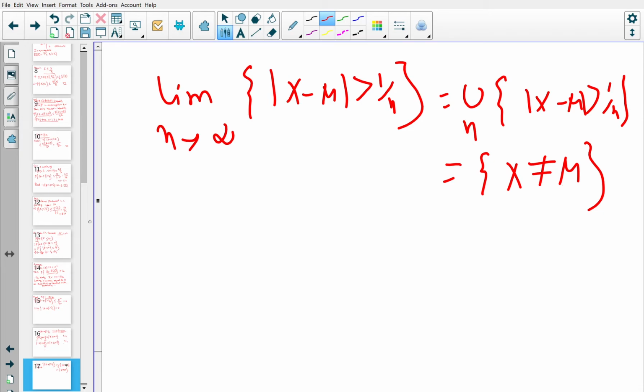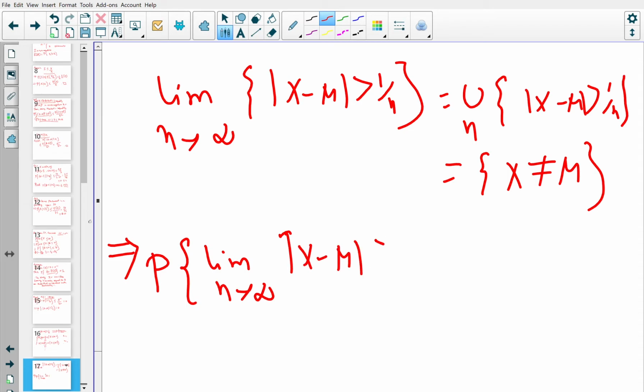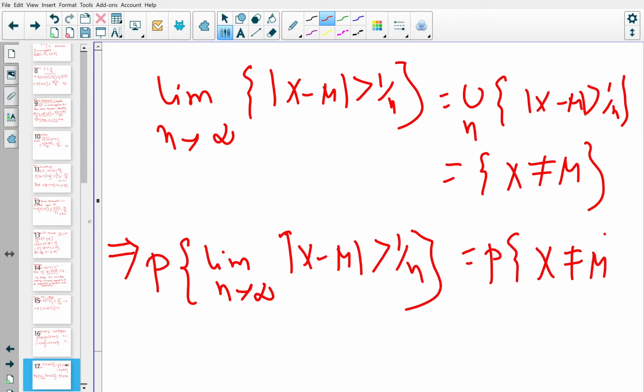And we know that as probability is a continuous function, we can use this continuity property: probability of the limit as n tends to infinity of the event that the random variable x minus mu is bigger than 1 by n is equal to the probability that x not equal to mu. Clear?